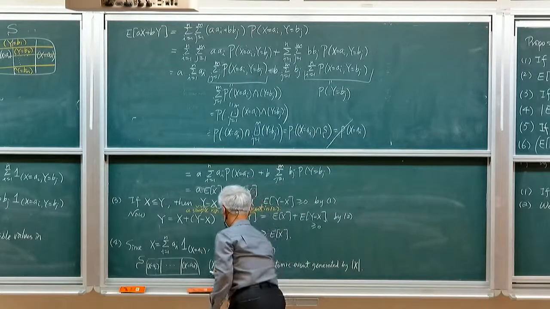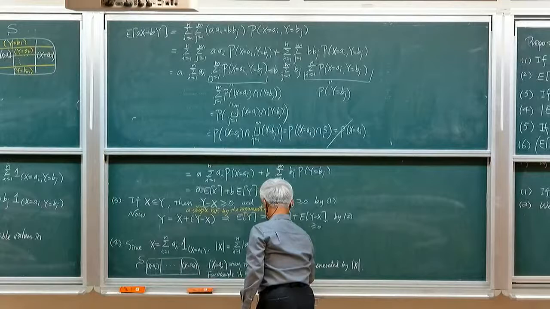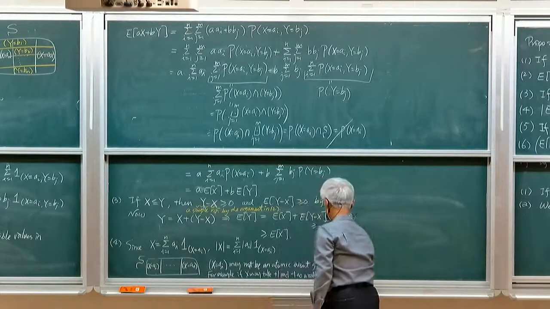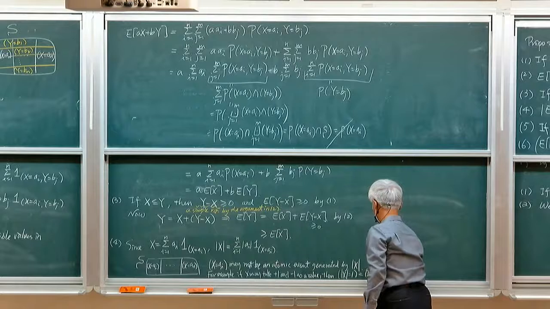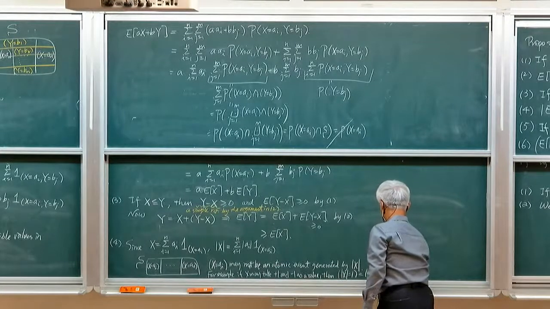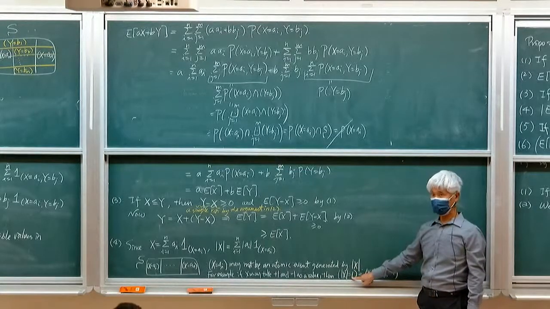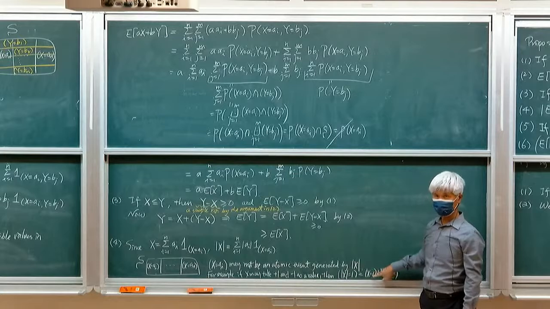For example, if x may take +1 and -1 as values, then the atomic event generated by the absolute value of x is actually the union of two atomic events generated by x.